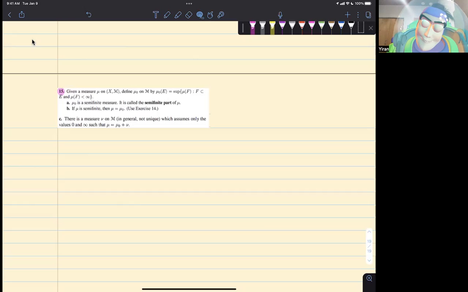And what about the other one? Fj is definitely a subset of Ej. So just to be clear, let me change my notation, because those are not very good.